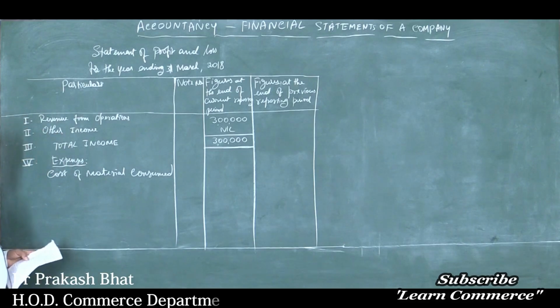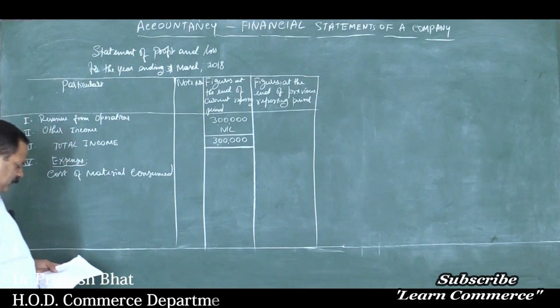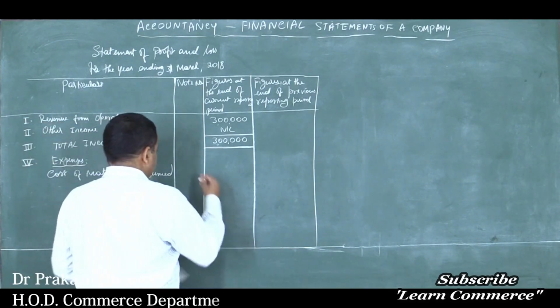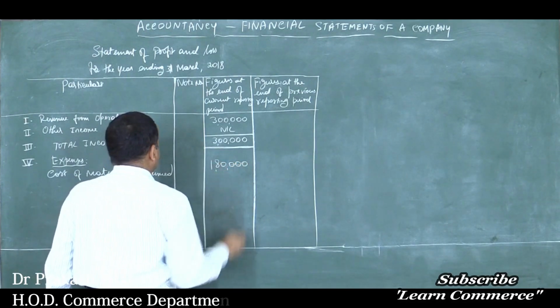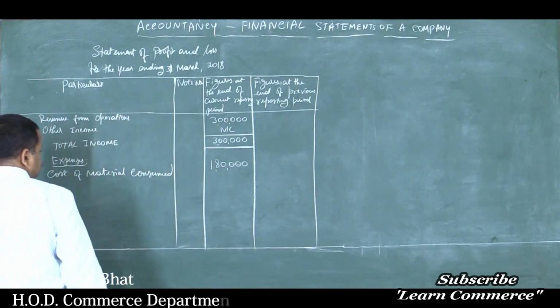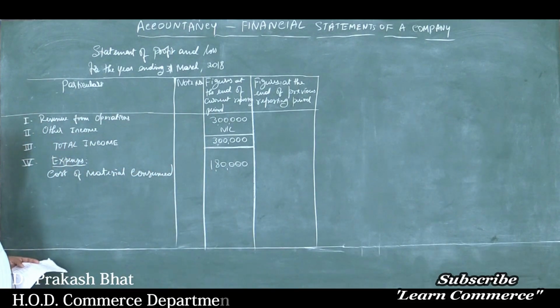Cost of materials consumed. How much? 1,80,000, right? Write it in the outer column. Only one column is there. There is no inner and outer column as such.